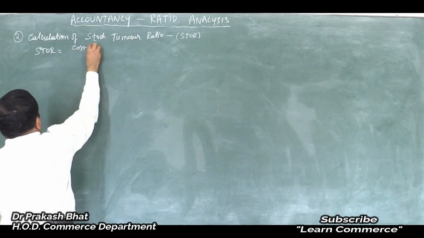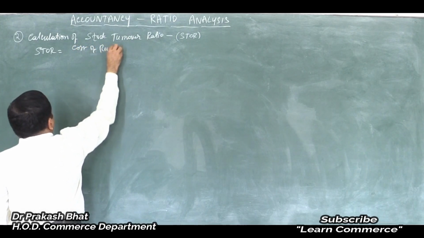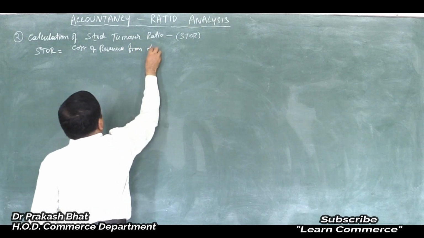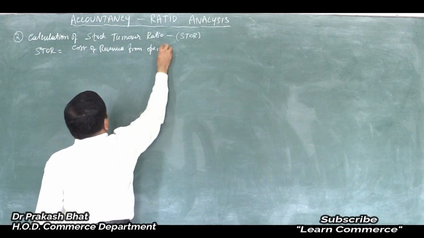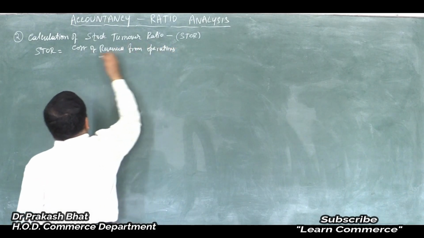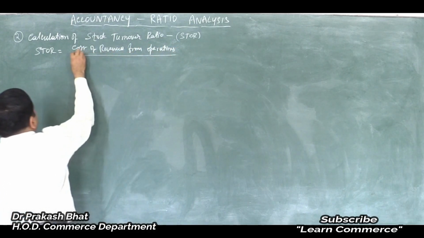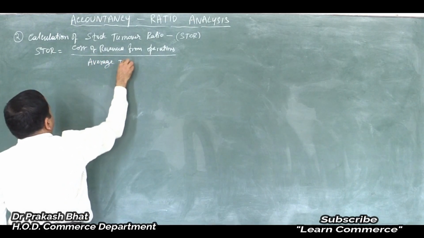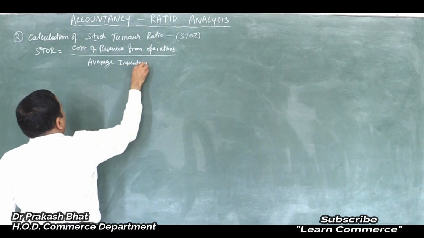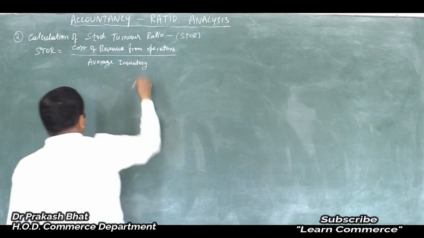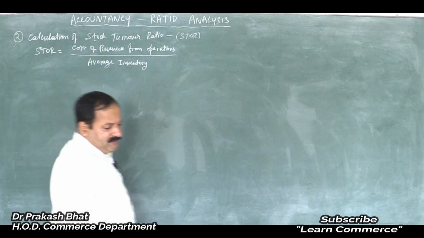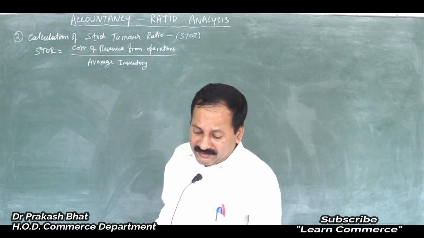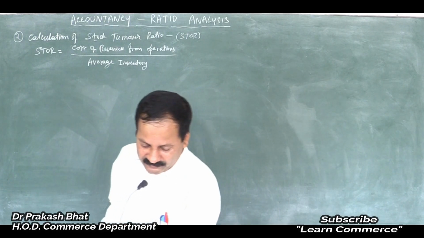Cost of revenue from operations divided by average inventory. Average inventory means opening inventory plus closing inventory divided by 2. You know it very well. We have already solved one problem on that, right?